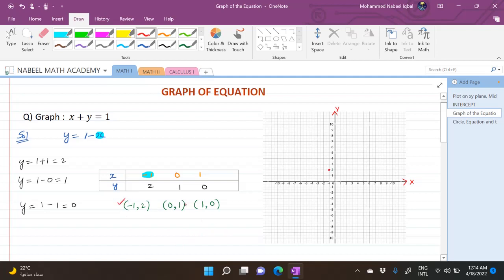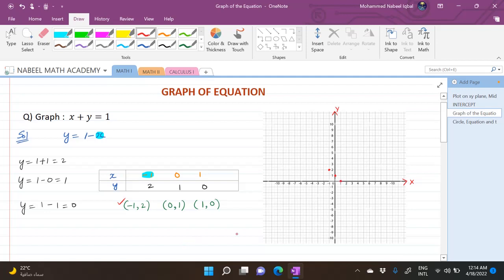Now the next one, 0, comma 1: x equals 0, y equals 1, it will be here. The next one, we will have 1, comma 0: x equals 1, y equals 0.